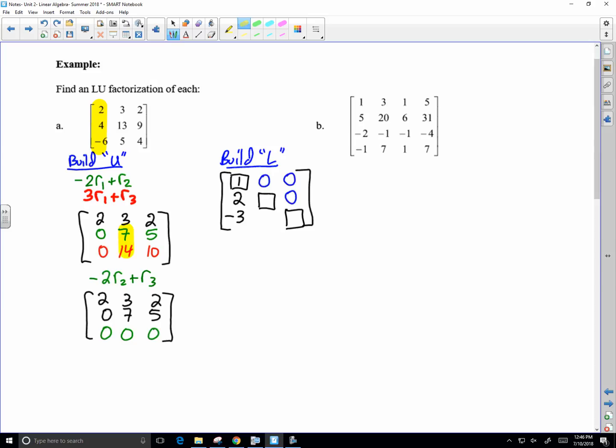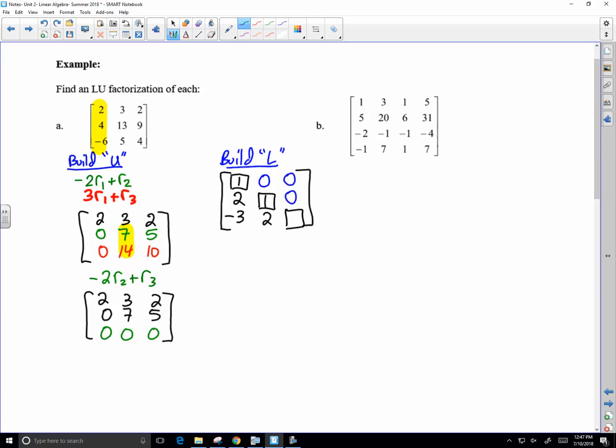All right, so 14 divided by 7 is 2. 7 divided by itself is 1. If it were a 4 by 4, 5 by 5, we would continue on, but it's in echelon form. So now for the final entry, normally I would say pivot divided by itself, but it's not a pivot.